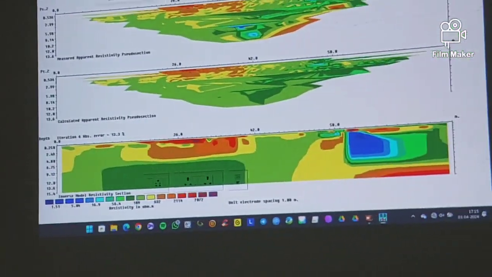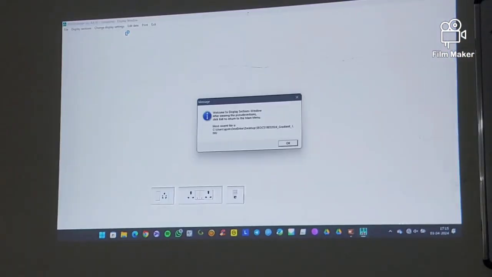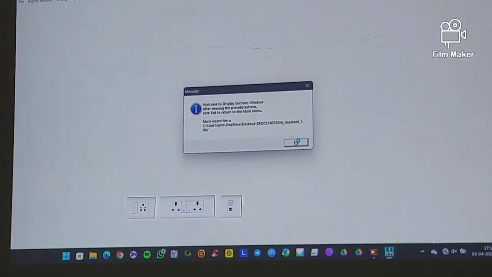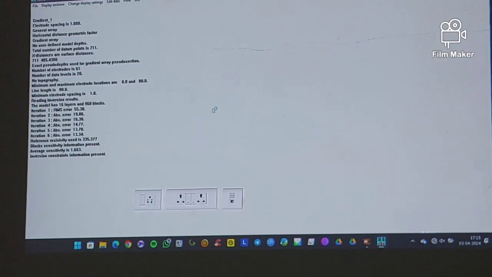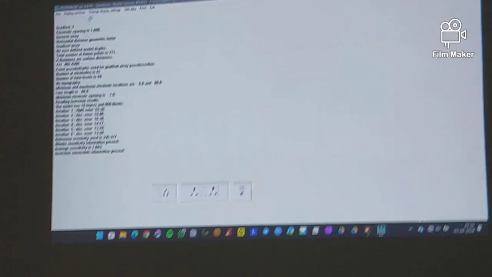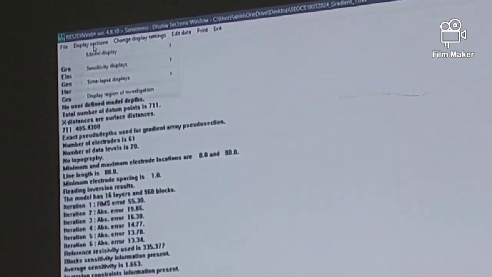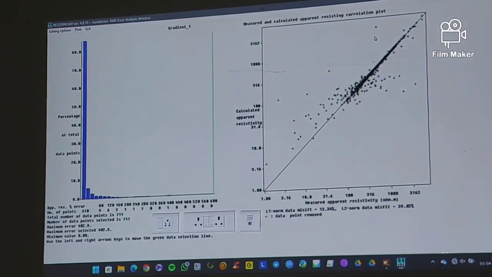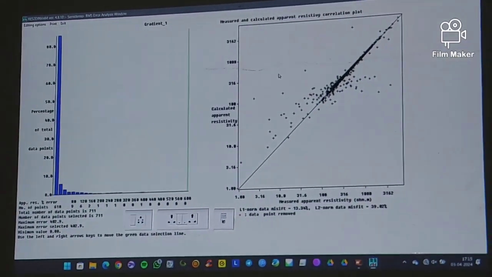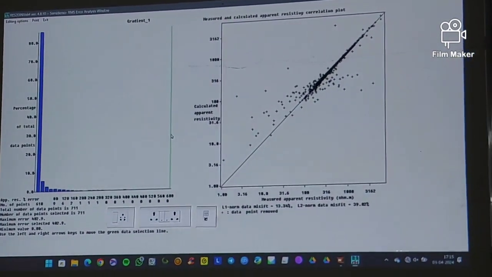Here we can see where resistivity is low and where resistivity is high. We can also see how many electrodes are working in error, what the measured length is, what the electrode placing is, how many iterations it created, and what the percentage of error is. After the RMS error statistic process, the graph is plotted here.